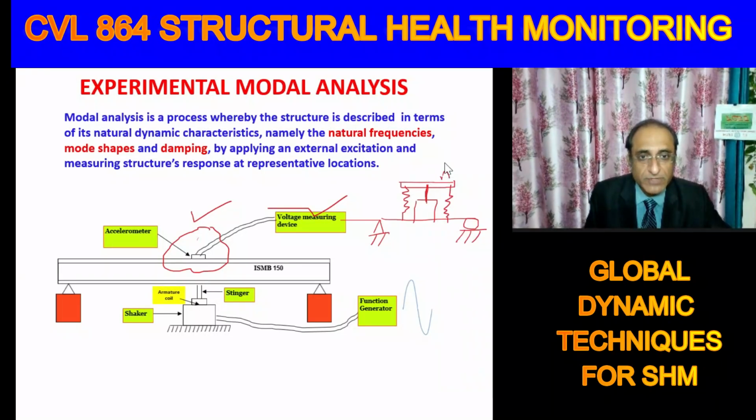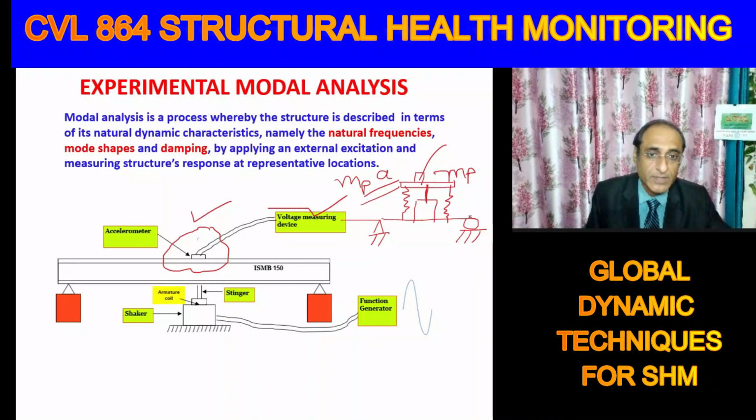This has a fixed mass which we measure, and at the top of this we place an accelerometer. So what we are recording is the acceleration of the plate. We have the known mass and we know the acceleration. This tells us how much inertial force this plate is subjected to. The force acting on the structure will be just equal and opposite. So all we have to do is take the mass, which is fixed, times the measured acceleration. That tells us how much force is transmitted to the structure.